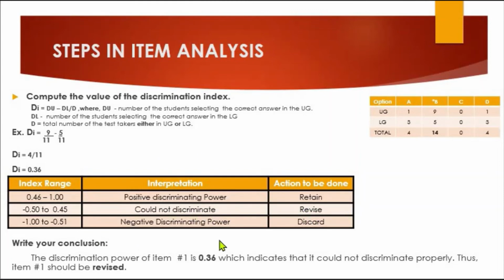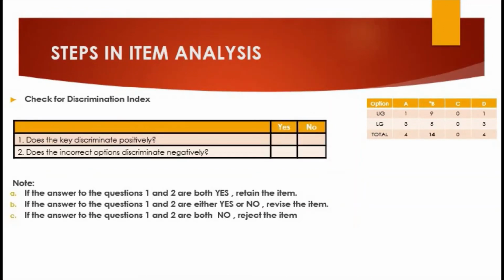So after po nating ma-refer sa table na ito, we need to write our conclusion that the discrimination power of item number 1 is 0.36, which indicates that it could not discriminate properly. Thus, item number 1 should be revised. Okay? So, hindi nito masasabi kung sino talaga yung nag-aral at kung sino naman yung hindi.